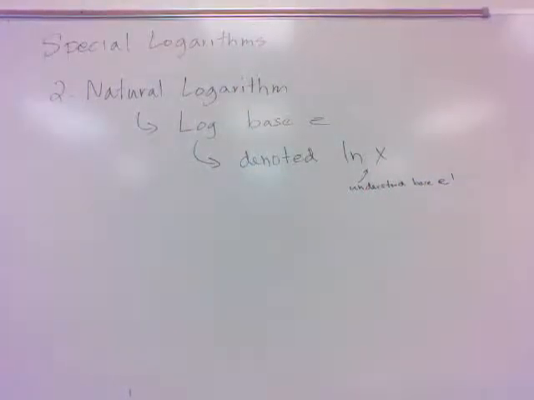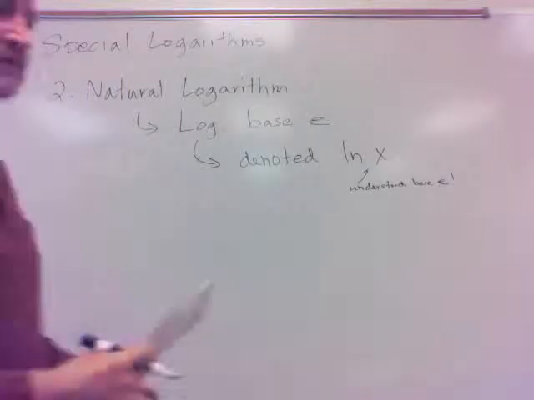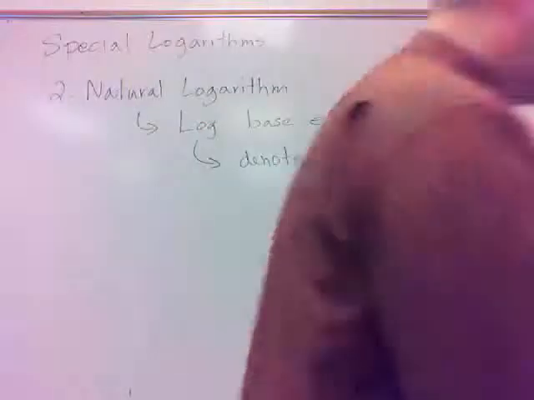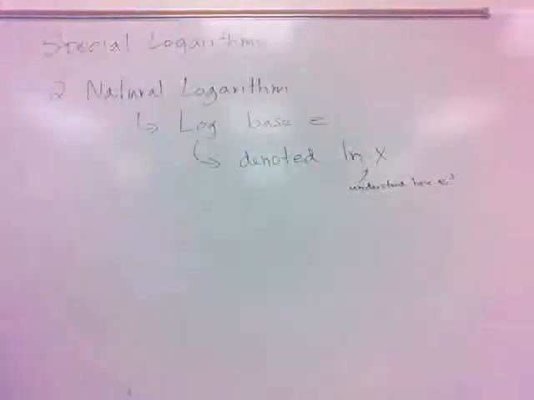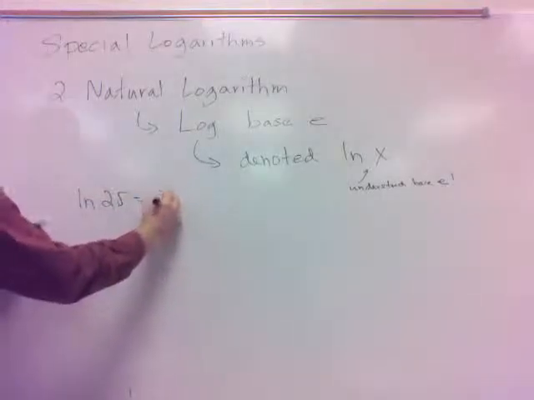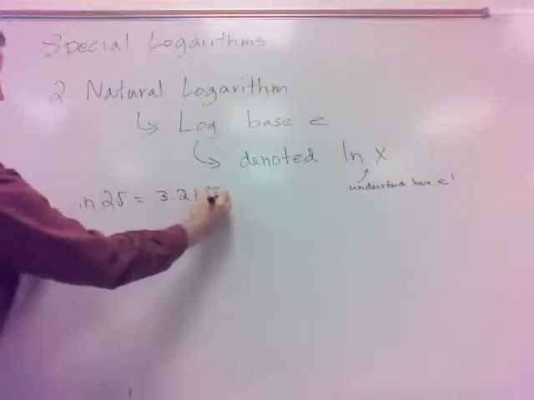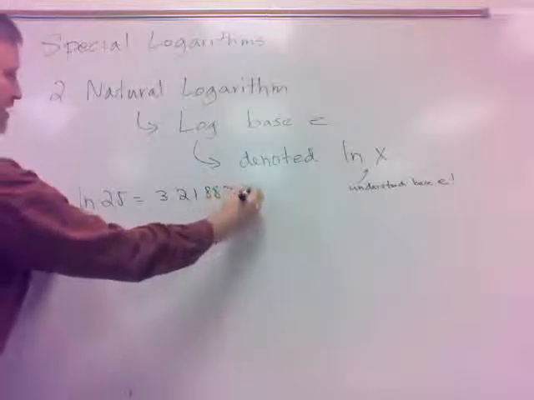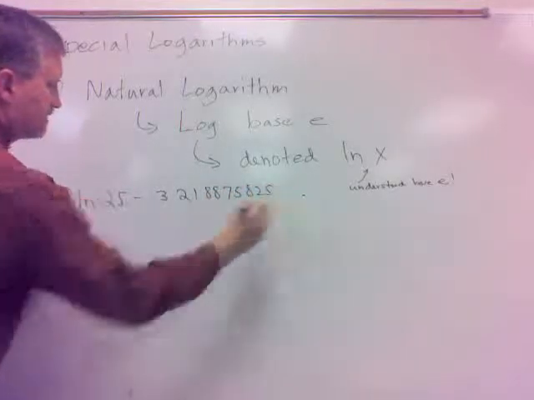We see ln, it is understood base e. And so if I have ln of 25 equals 3.218875825. That's not the end of it.